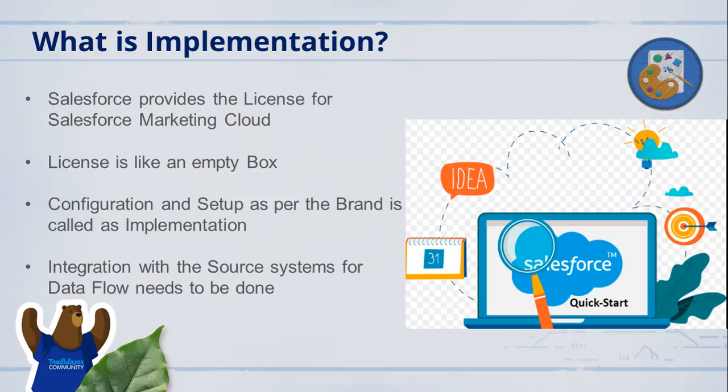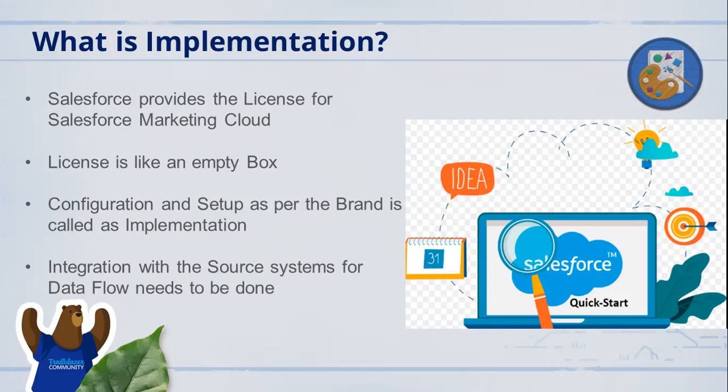At the same time, they may have a website on which the majority of their business is done, like an e-commerce customer. So there are various sources of data that are required on Marketing Cloud for executing your campaigns and your journeys. Those need to be integrated.